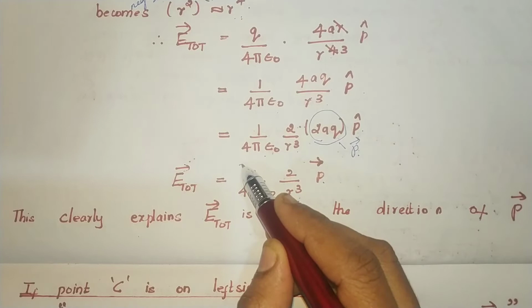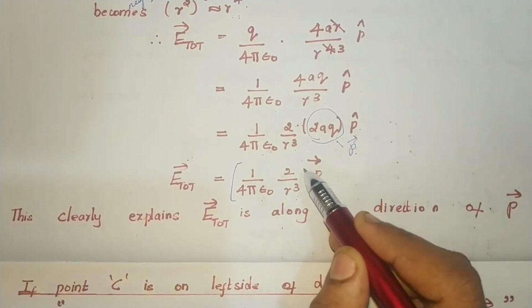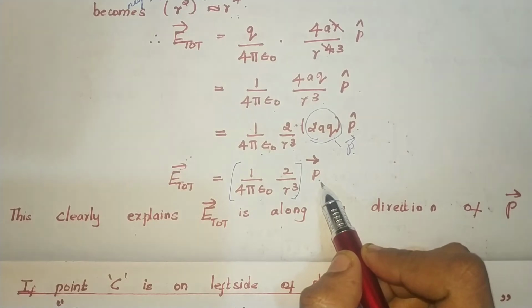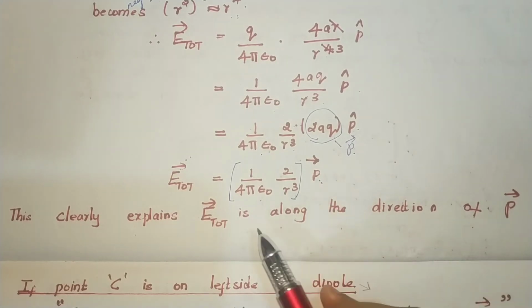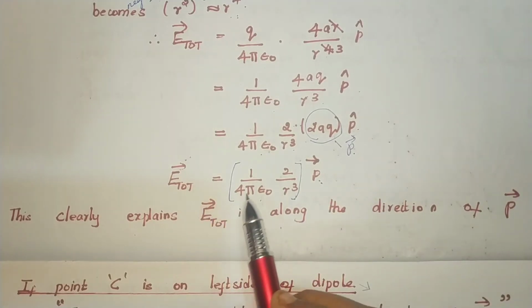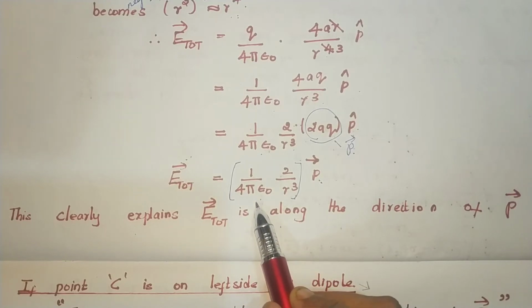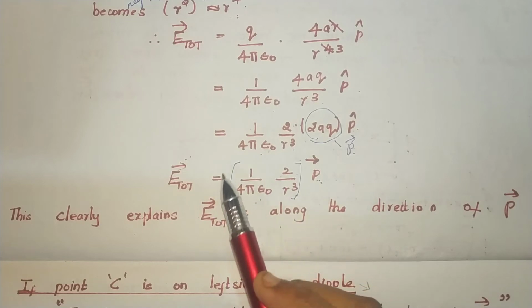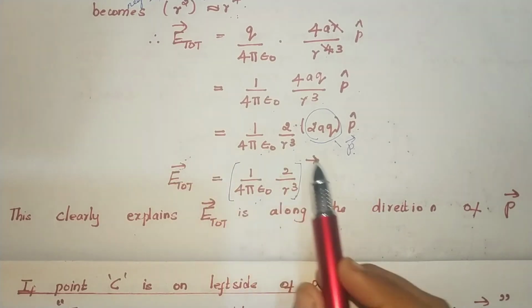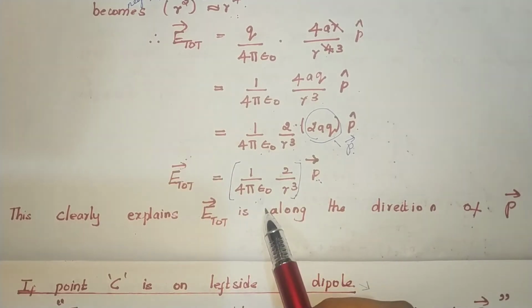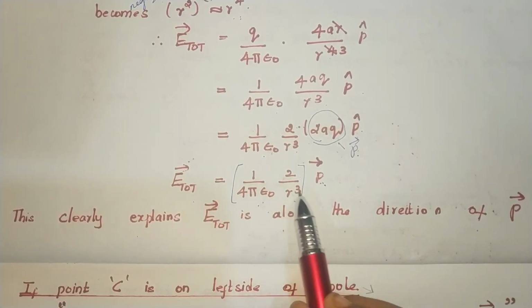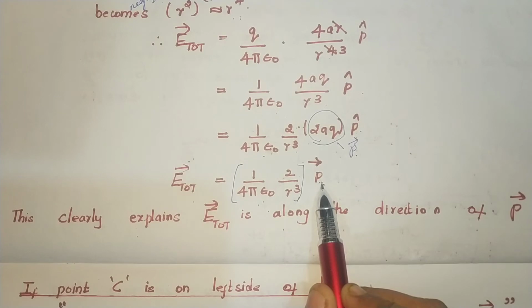ஓகேயா? The beginning of the expressionல நான் என்ன சொன்னேன்? நம்ம E total vector in terms of P vector find out பண்ணணும்னு சொன்னேன். வந்துட்டா? E total vector is equal to 1 by 4 pi epsilon naught 2 by R cube into P vector. அப்போ this expression நமக்கு எது clear-ஆக explain பண்ணுதுன்னா, the direction of E total vector is along the direction of P vector.